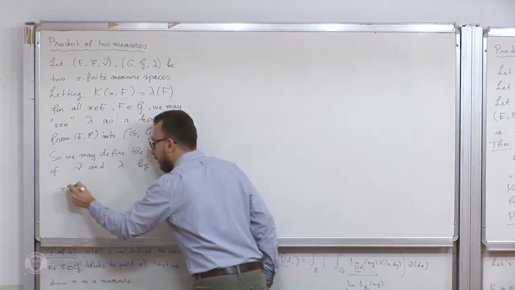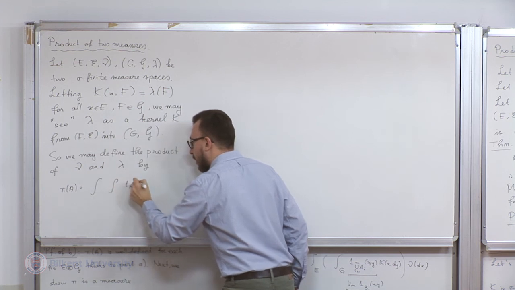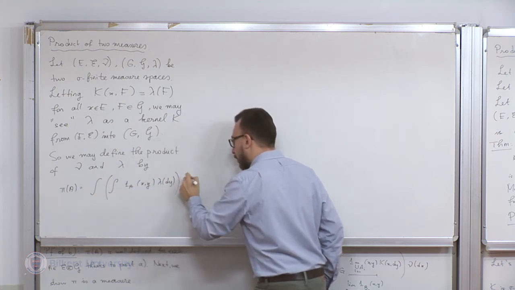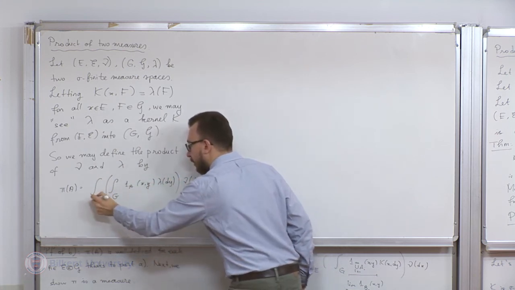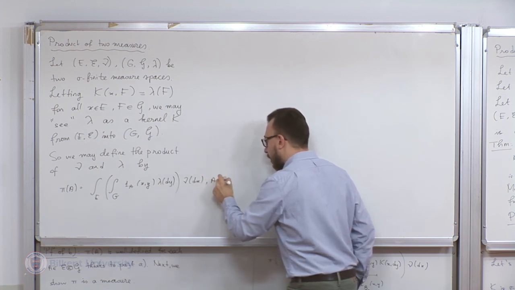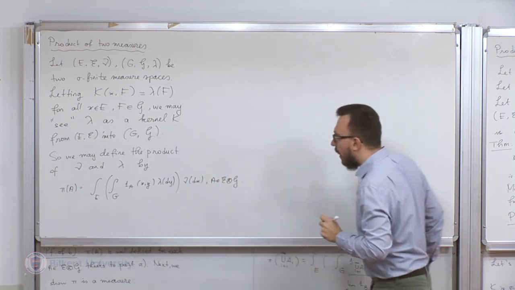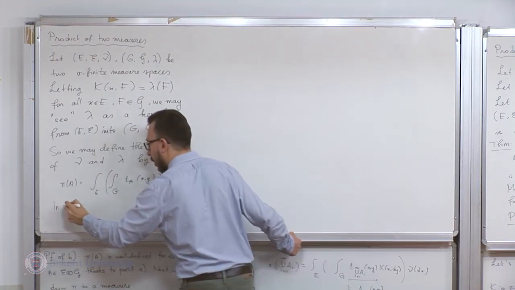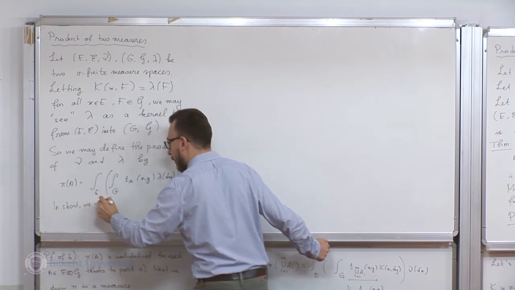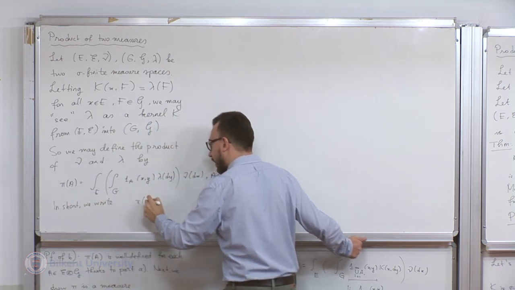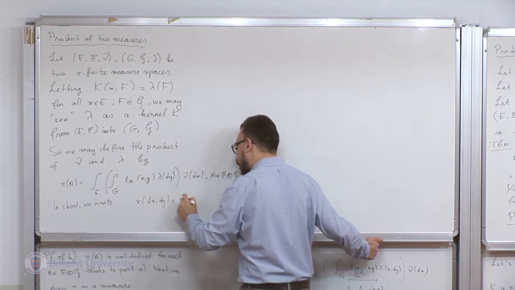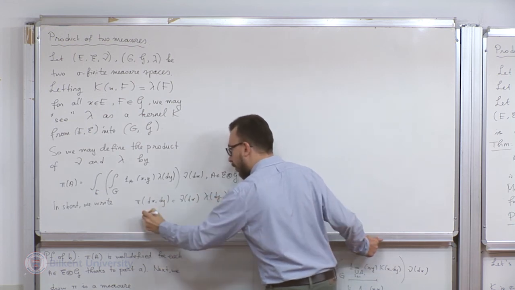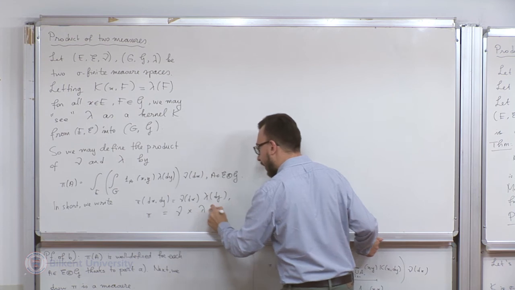Pi of A is the integral of indicator A(x,y), lambda dy, nu dx, second space, first space, for all A in the product sigma algebra. So in short, we write pi dx dy equals nu dx lambda dy, or pi is just nu cross lambda.